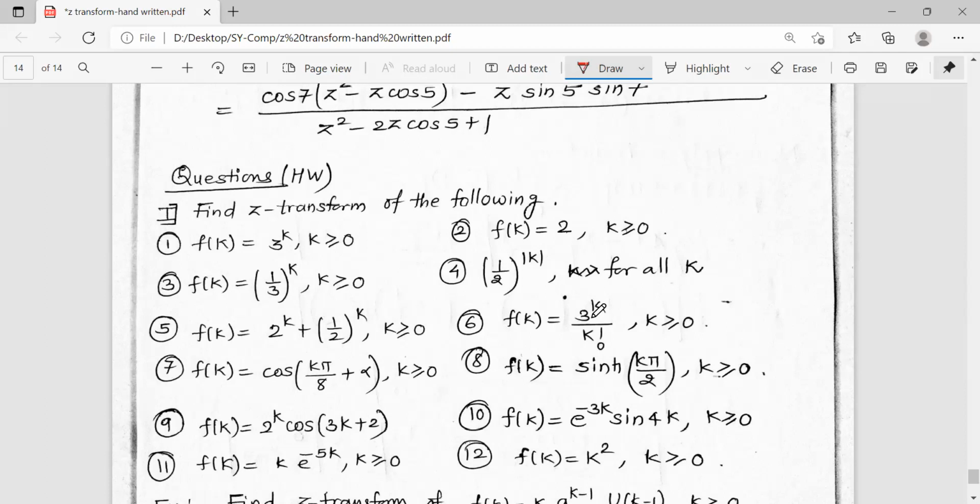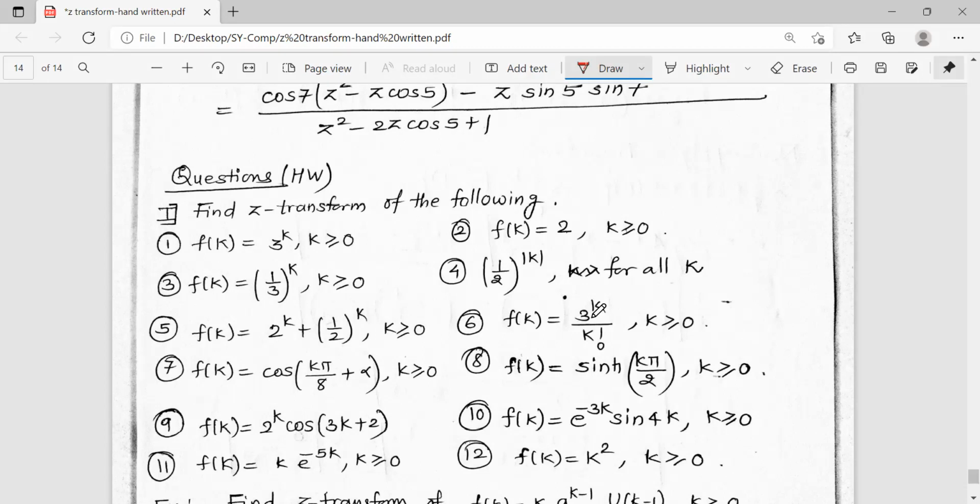Please tell me, can you see the material which is shared on the classroom? Yes, ma'am. This is the PDF on Z transform that I am showing, the same thing I have shared, in which the properties and the examples are all listed. So with the help of the properties and the standard sequences, we are going to solve the examples using the Z transform.